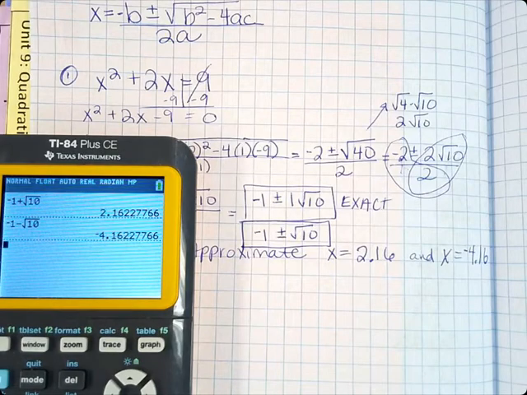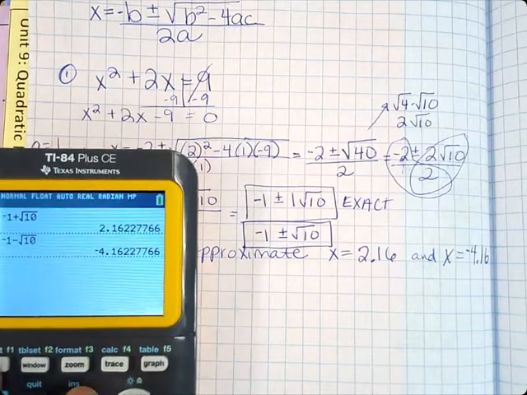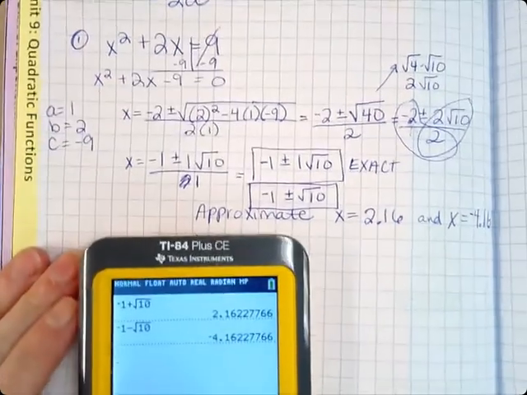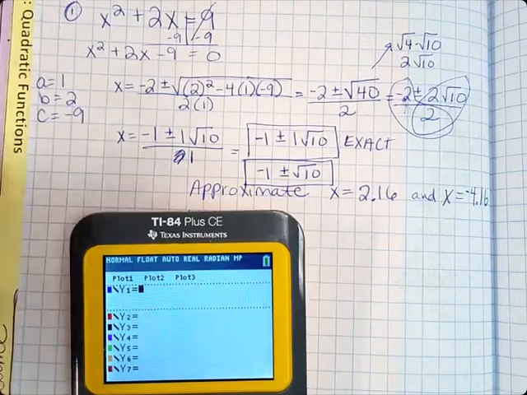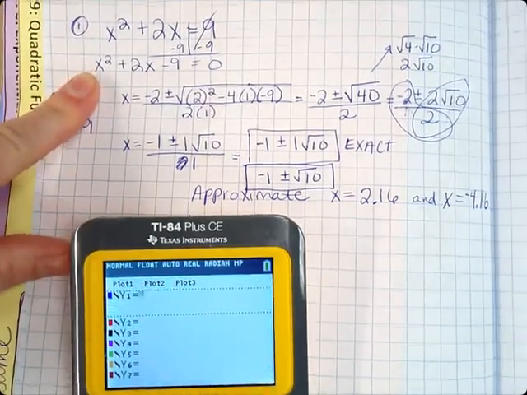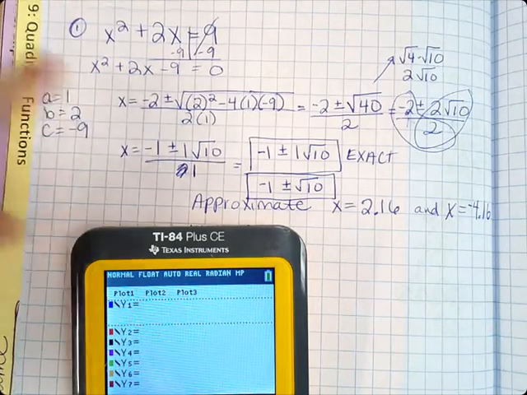And we can check this in the calculator by finding our zeros when we put it into y equals. So let's go ahead and do that. Go to y equals. Plug in the equation that we had that we said equals 0.